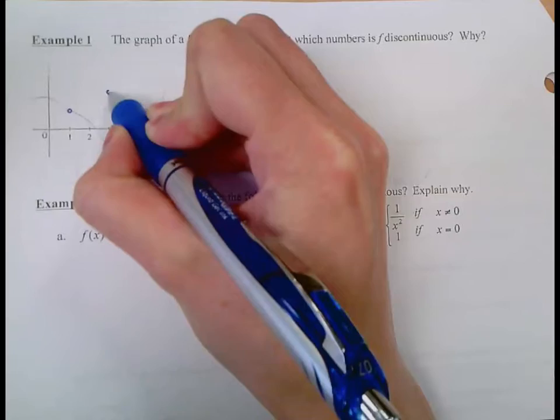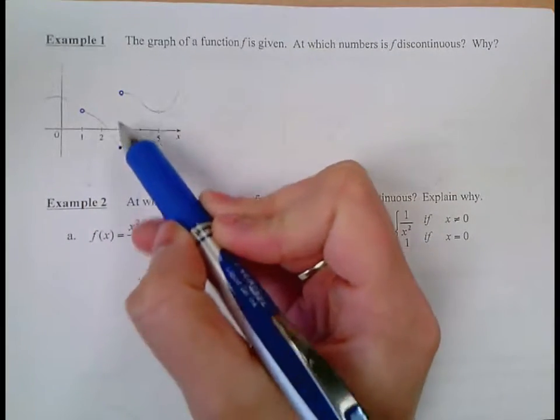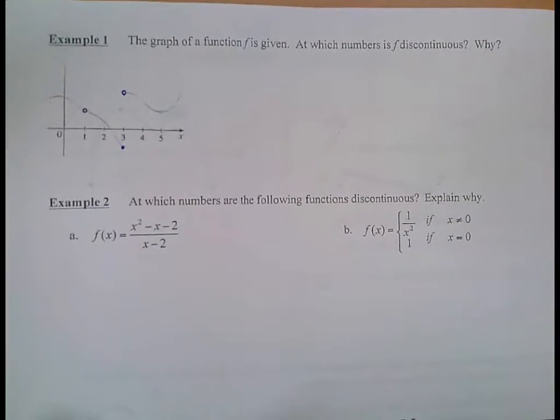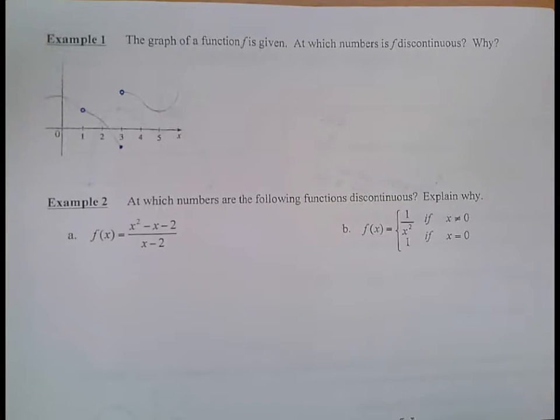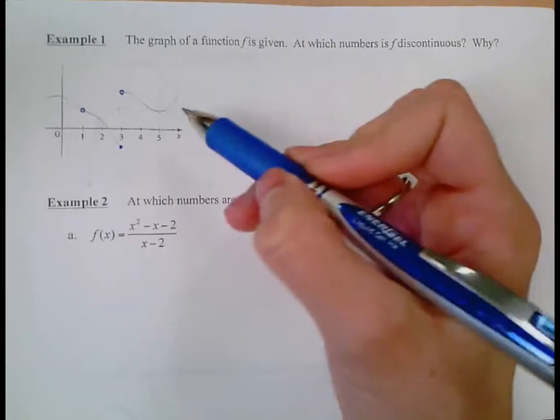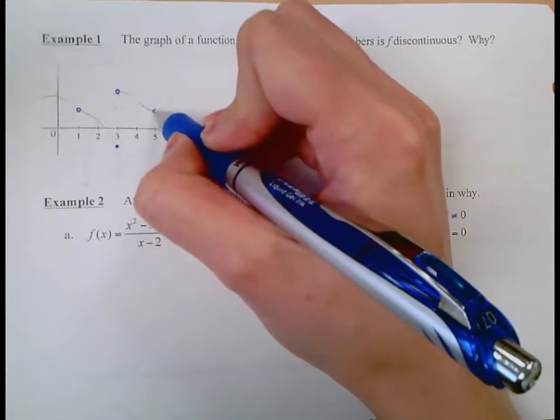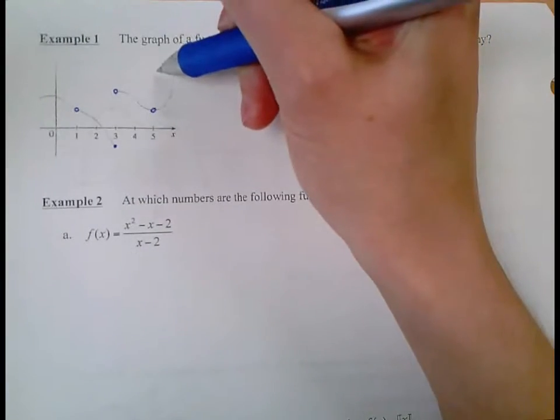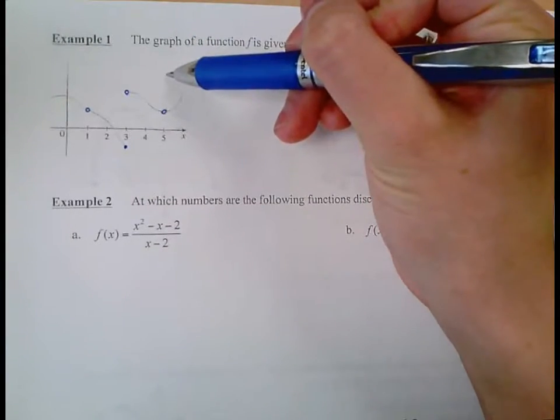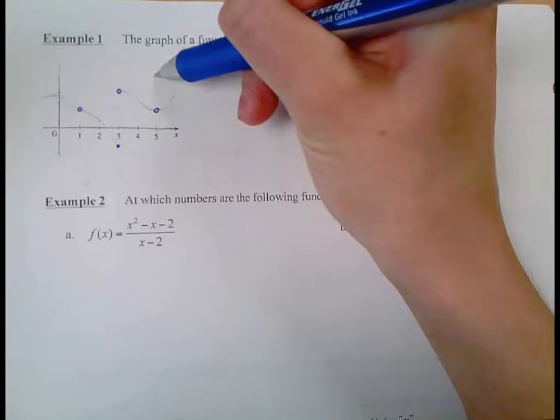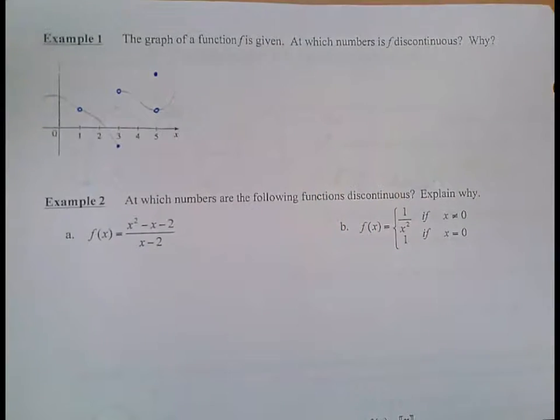At 3, you're going to have a dot on the lower part, circle in the upper part. And then at 5, this is hard to see. There's a circle on the curve, and then it kind of looks like an accident, like there's a little smudge. This is actually supposed to be a point up here.